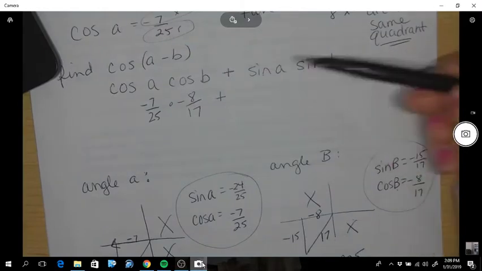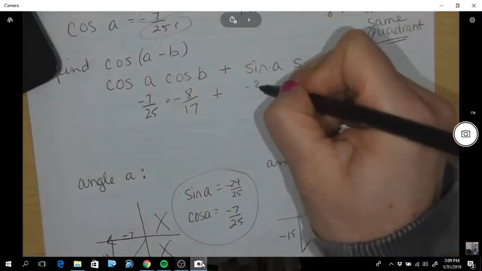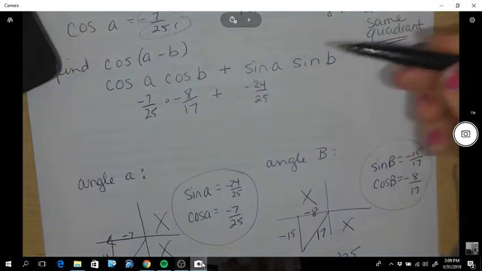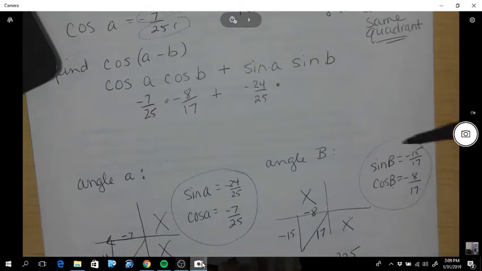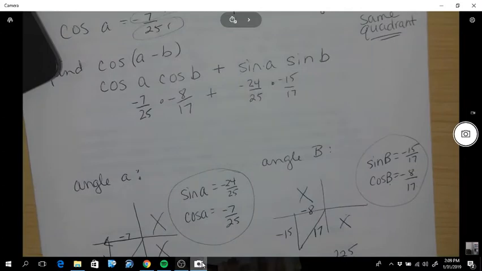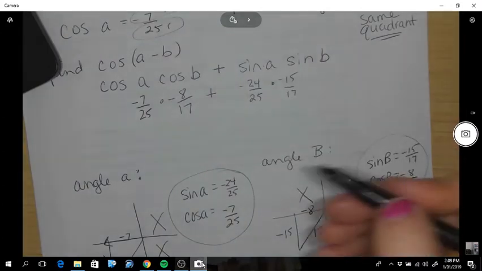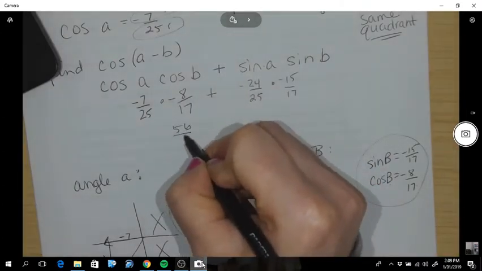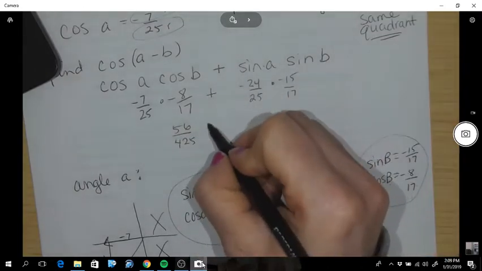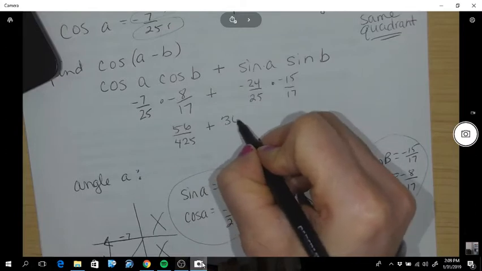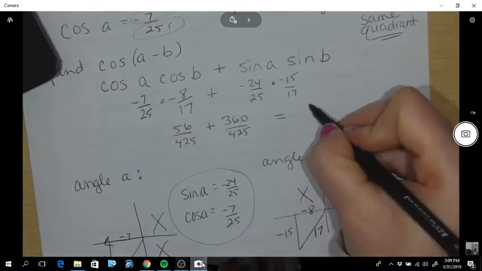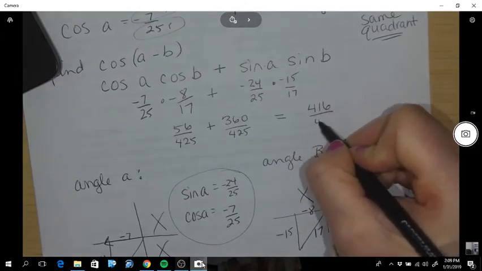Now sine A, negative 24 over 25, and sine B is negative 15 over 17. Okay, so what do we get? 56 over 425, and that makes a positive number. So our final answer is 416 over 425.